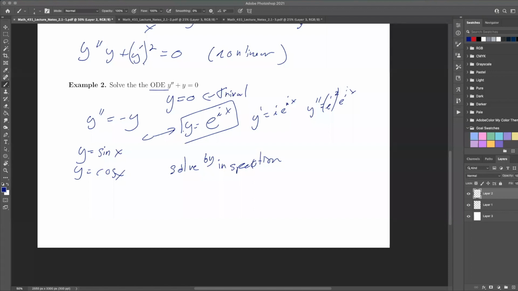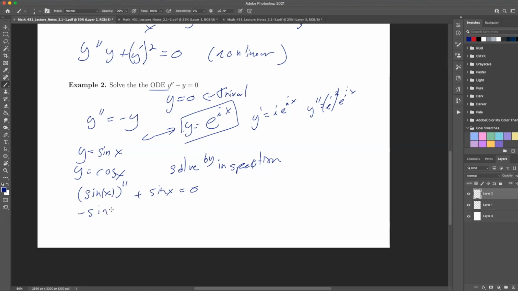So here, notice that sine works and cosine works, right? Let me just crunch through one. Let me just type in sine of x double prime plus sine of x is equal to 0. And we just run through this.